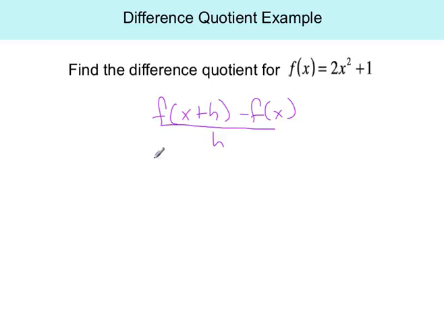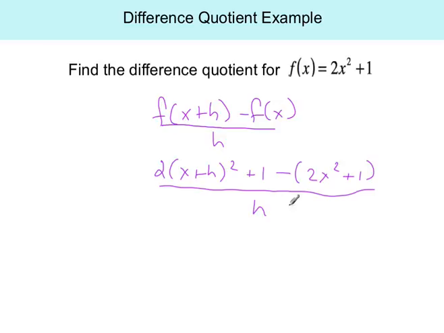So we'll plug into our function. We'll get f of x plus h is 2 times the quantity x plus h squared plus 1, minus f of x, 2x squared plus 1. That's all going to be over h. So let's simplify.